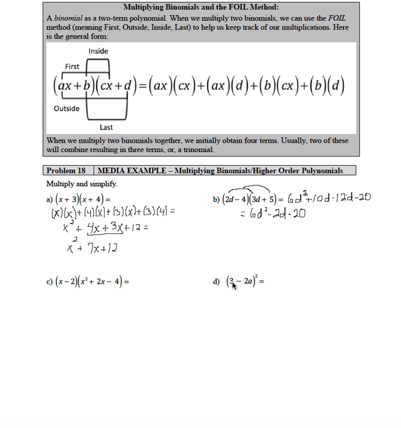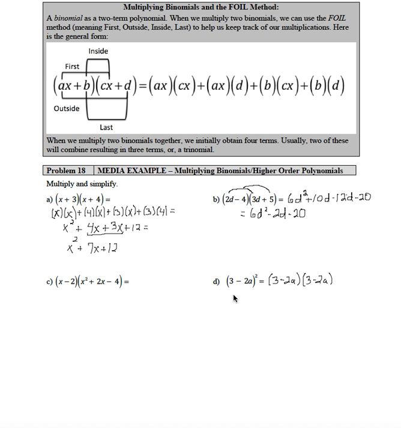I have the binomial squared. What you have to remember here is that this is 3 minus 2a times 3 minus 2a. Many students want to just square the 3, square the negative 2a, and be done. But you have to remember there's a lot more going on here when I'm multiplying a binomial times a binomial.